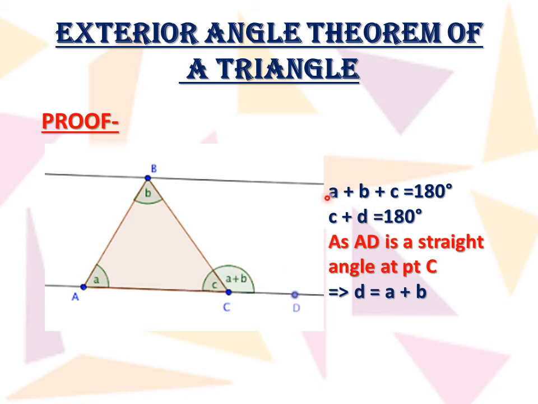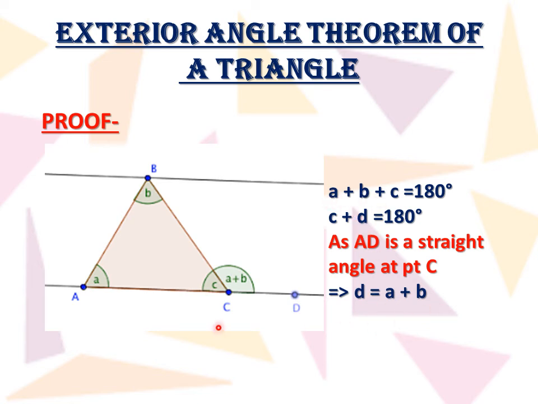And in the previous slide we have learned that the sum of the angles of the triangle is equal to 180 degrees. That means small a plus small b plus small c is equal to 180 degrees. Now you see C is common here and the right hand side of both the equations are common. From this we can interpret that D is equal to A plus B.